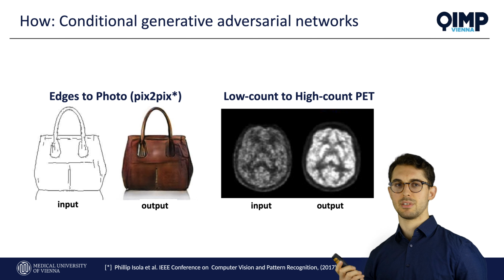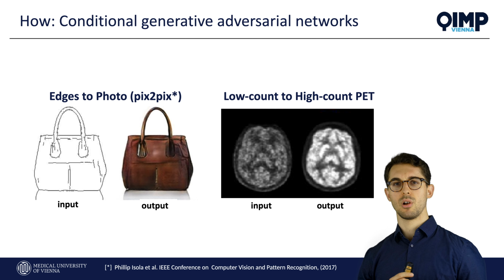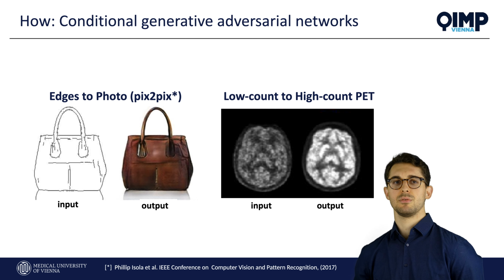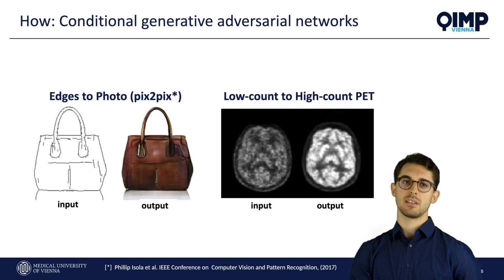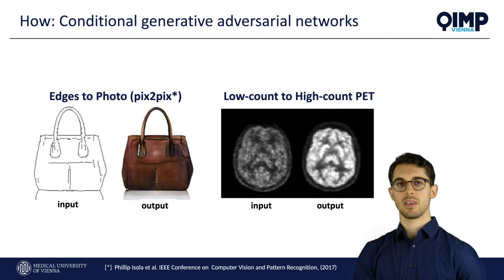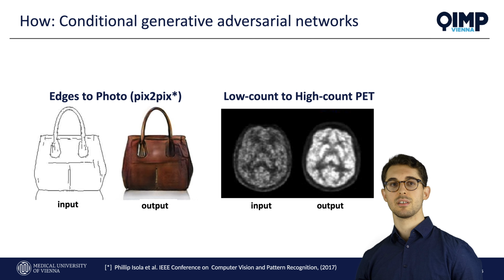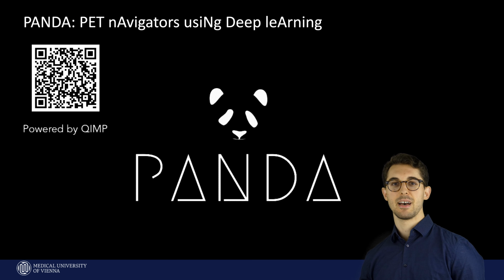People have already used this for converting low-count PET images to high-count PET images. We wanted to do the same for the early part of the dynamic PET series, because they resemble low-count images. Based on this, we developed PANDA, PET navigators using deep learning.